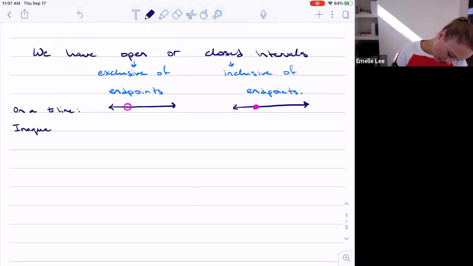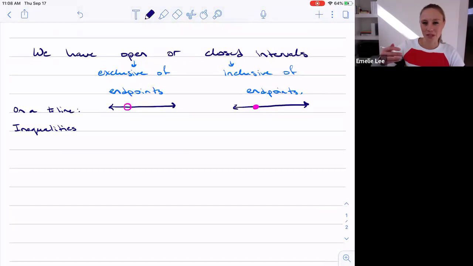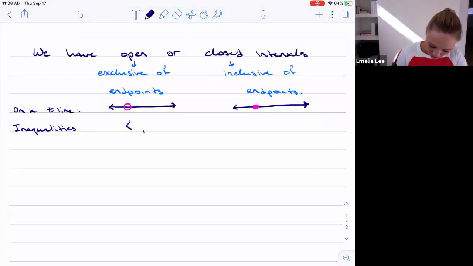For the inequalities, if it's an open dot, we would use the less than or greater than signs. If it's a closed dot, we would use the less than or equal to or greater than or equal to.